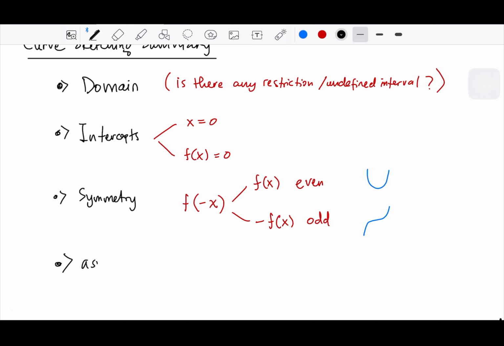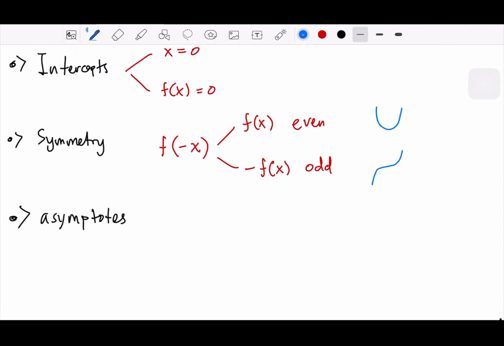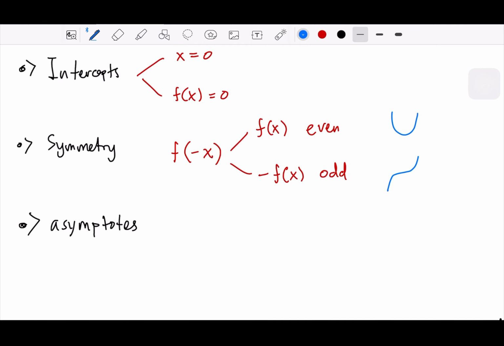So next thing, the fourth is the asymptote. We already learned the asymptote in chapter 2, the limit. We have the vertical asymptote, we have the horizontal asymptote, right? So to find the asymptote, since we have learned chapter 2, we are going to implement limits.